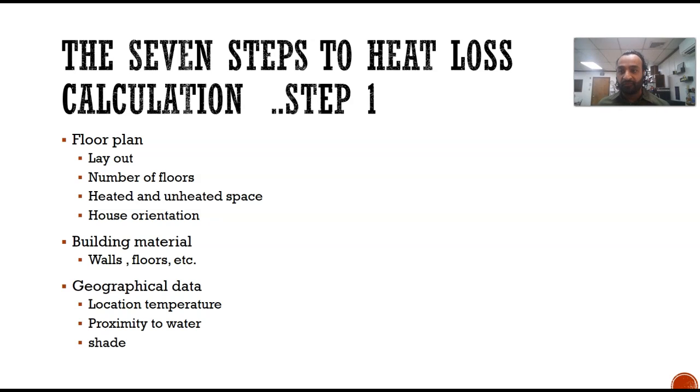So you need the floor plan with the layout for each room, the number of floors, and which are the heated and unheated spaces. For example, what's a heated space? A bathroom, bedroom, living room, they're all heated. What about hallway? Usually we do not heat the hallway unless it's an entry hall. So you have to go and see which space is heated and which is not, so we can include it in the heat loss calculation.